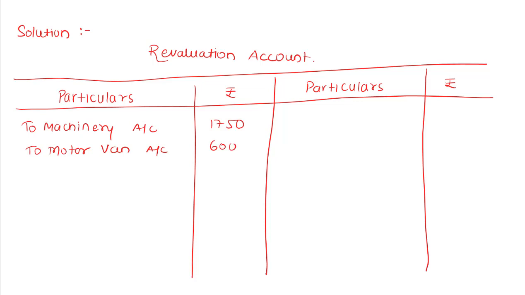Stock is to be appreciated by 20% and building by 10%. By stock 2,500, by buildings 2,250.